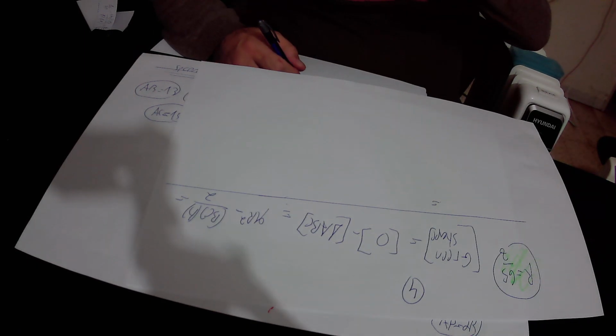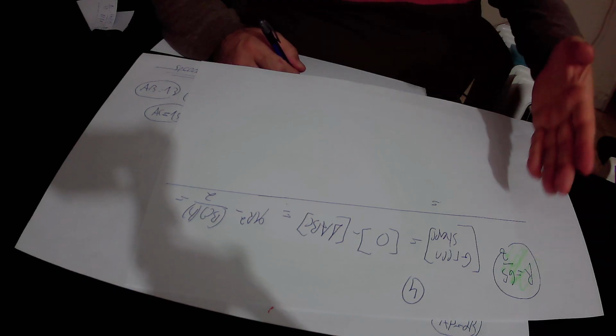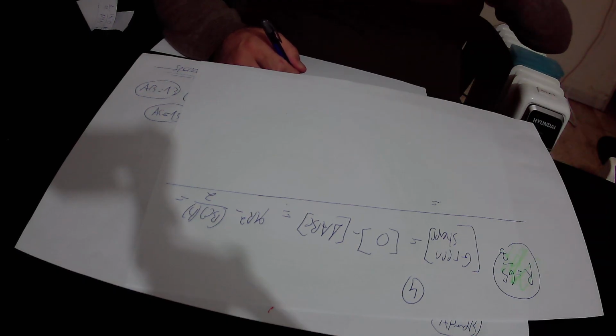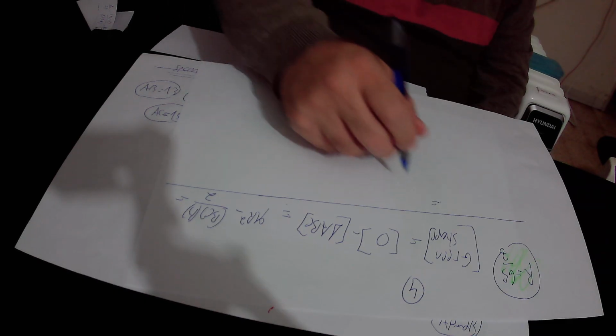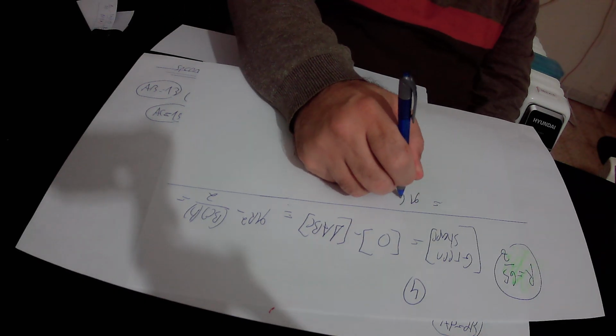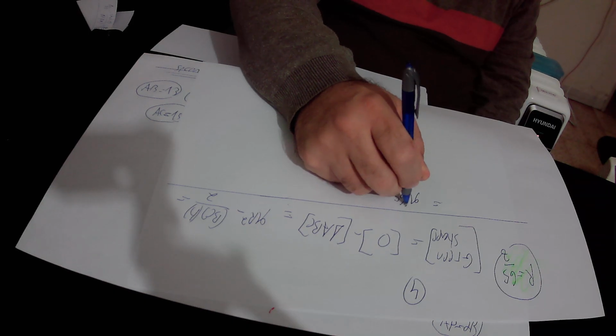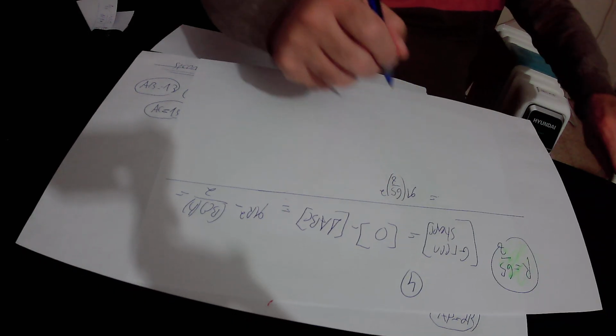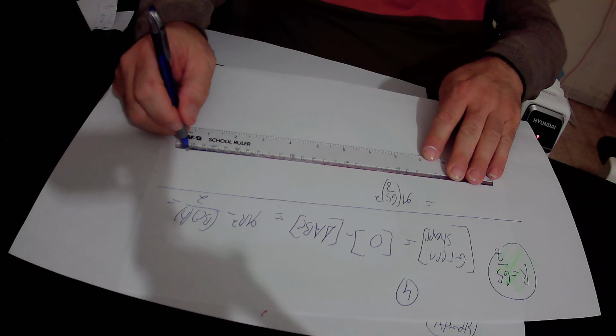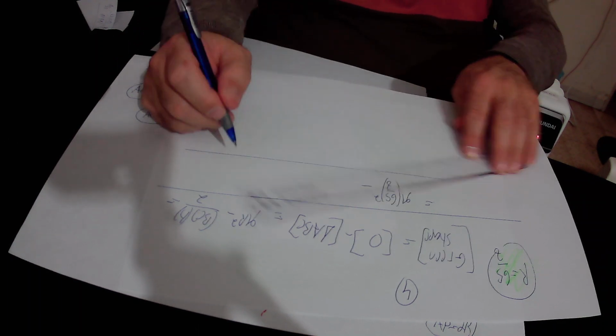So the area is pi r squared, but r is 65 over 8, therefore r squared is 65 over 8 squared. So pi r squared is pi times 65 over 8 squared, that is the area of the circle, minus the area of triangle ABC.